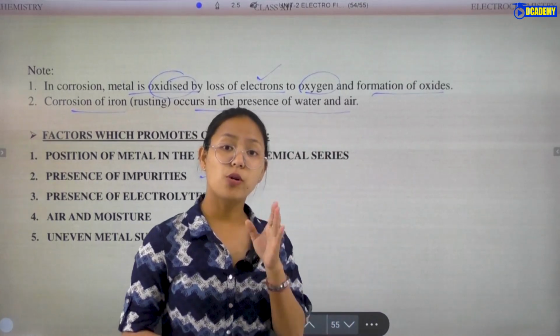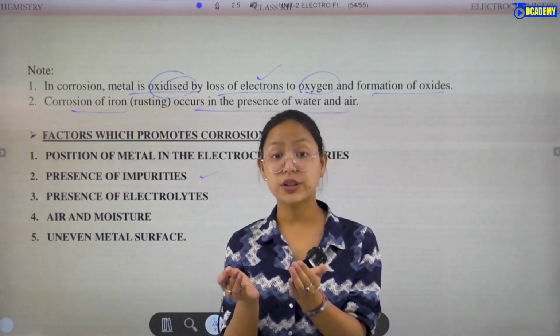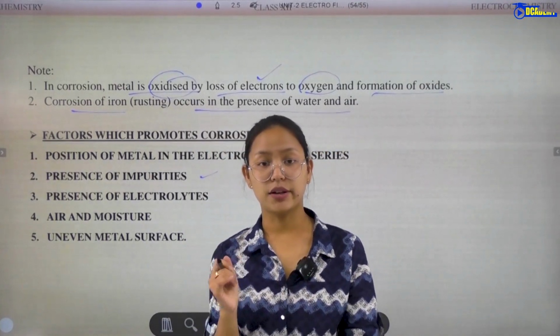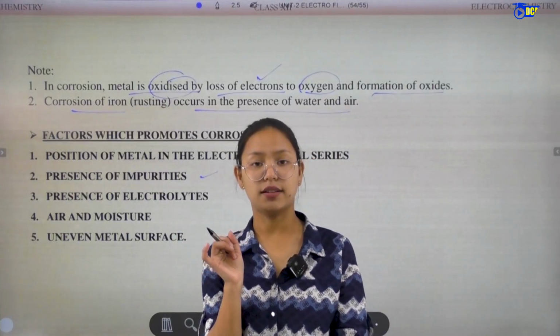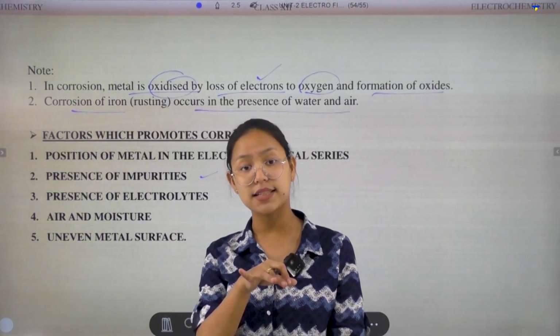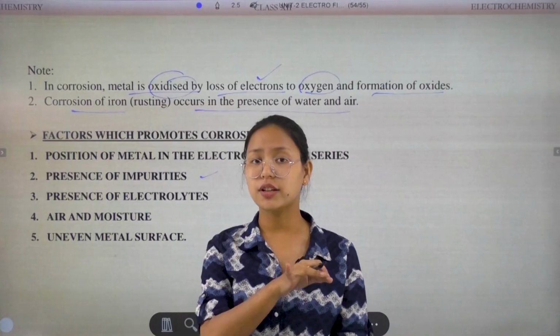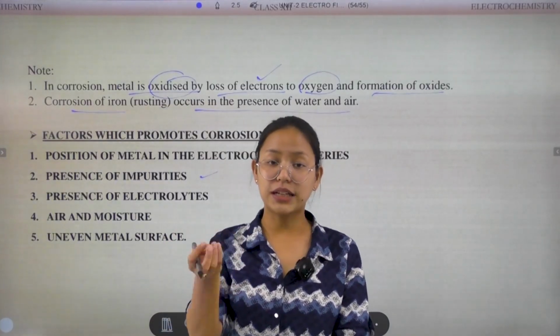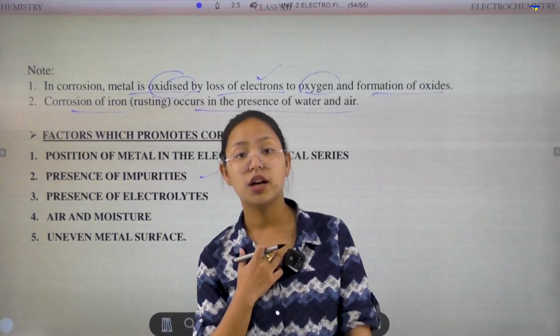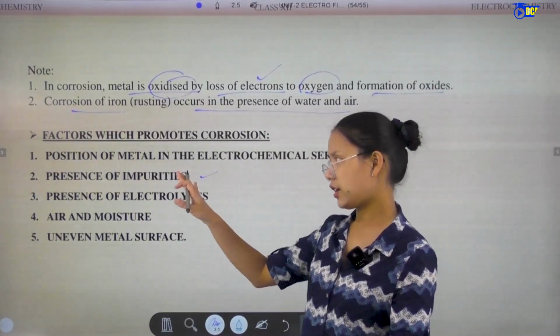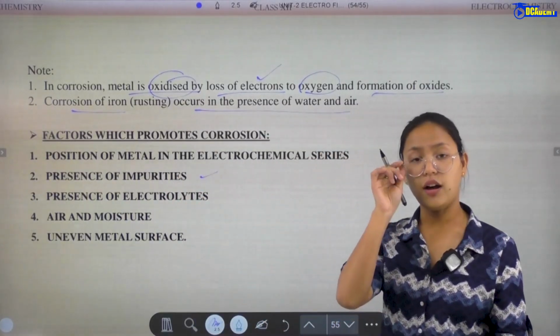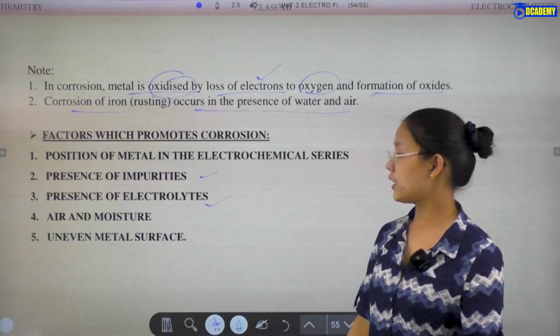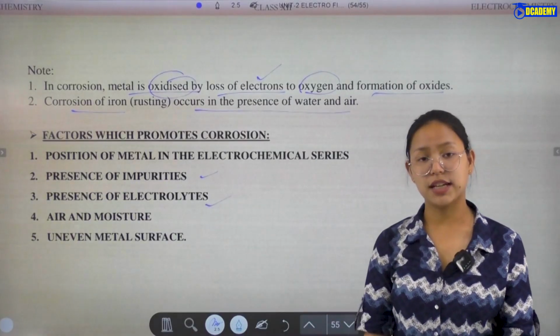If there are impurities in the metal, like copper, the rusting particle may get corroded. Then next point is presence of electrolytes, like acid.